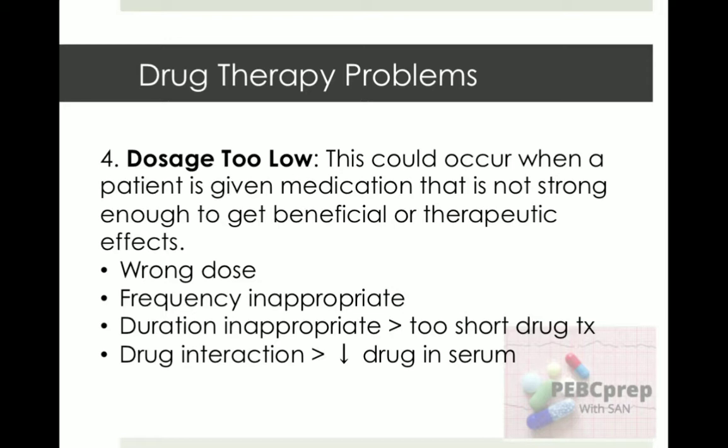Similarly, there are some drug interactions where drug A causes excretion or clearance of drug B. So the metabolism of drug B increases and it clears out from the body faster than the expected time. So the dosage has to be increased in this condition.